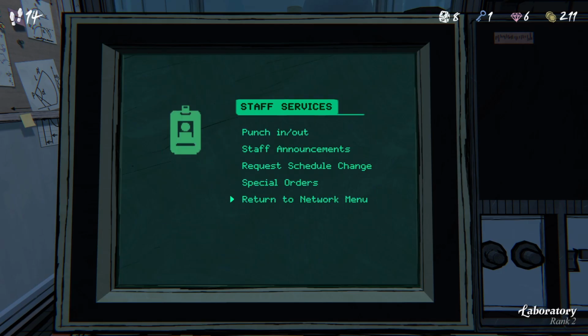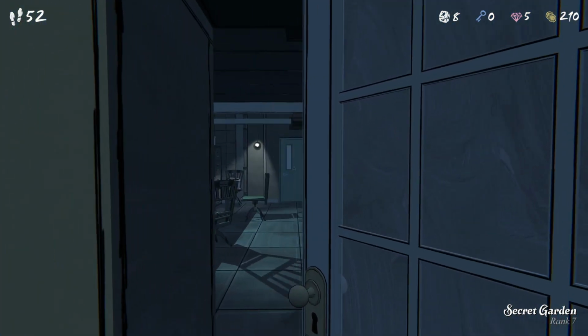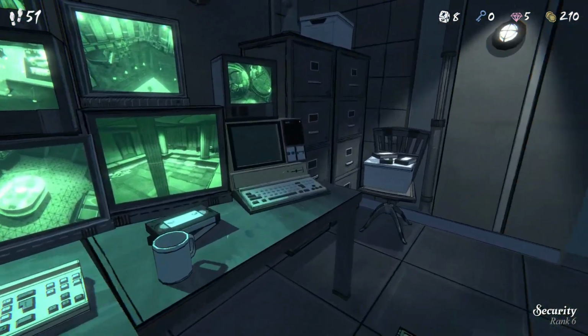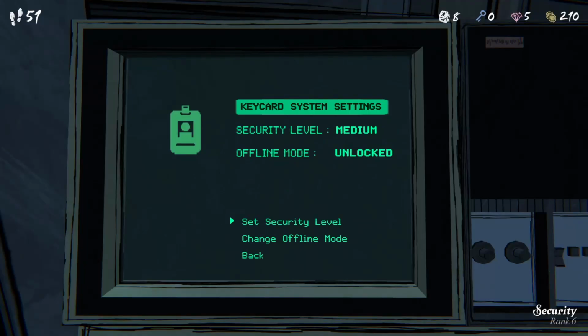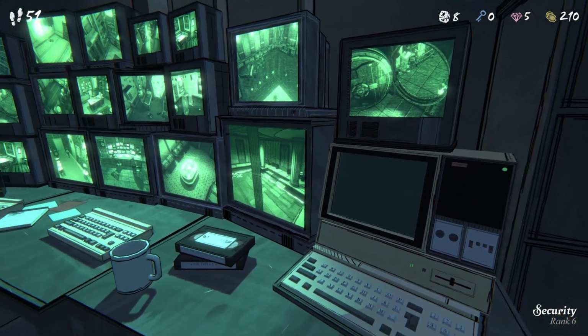Okay, makes sense. Oh, look at this. Exactly what I needed for outside. Let's set that to unlocked and set this to high. That should be perfect.